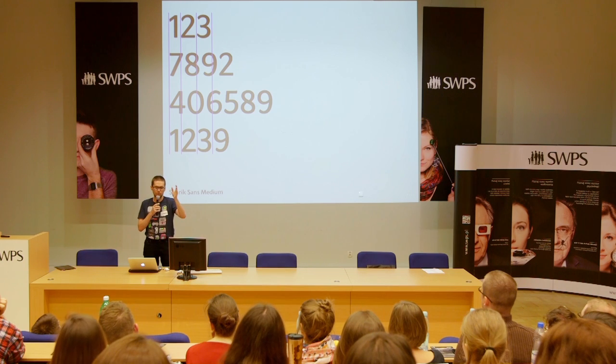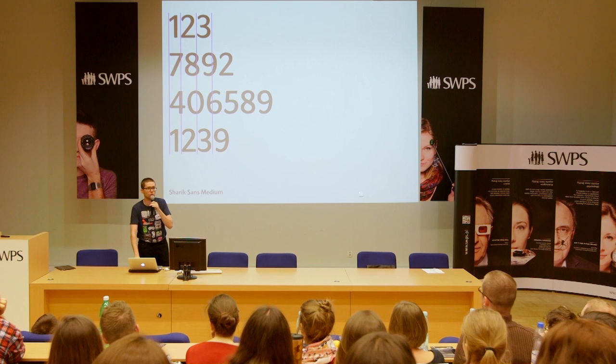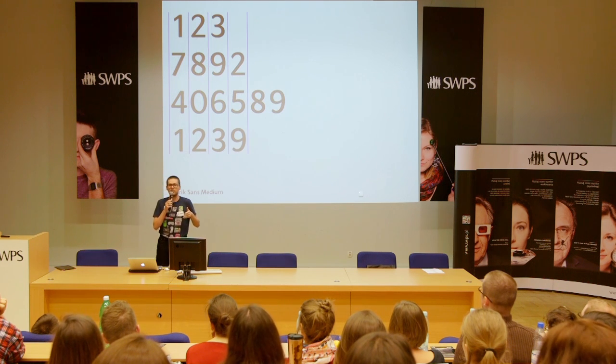Because 1 has a different width than 2 and 3 and so on, and you really can't just look at the numbers and see which number is the greatest if you have numbers that have only 3 digits. So what are you going to do? You will use tabular numbers, right? Where every number has exactly the same width.